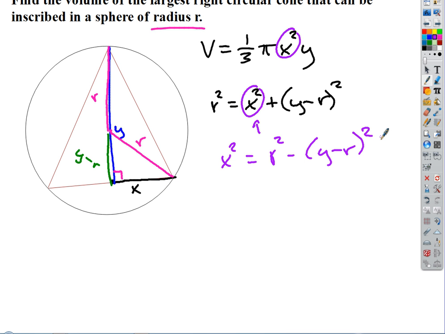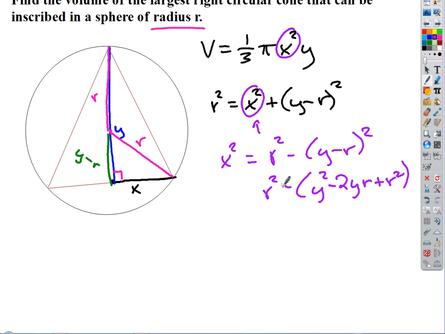Which we could simplify a little bit. If we square this out, what's that going to be? Minus y squared. Yeah. If I FOIL that out, expand: 2yr, minus 2yr plus r squared. That's what I'm subtracting. So then if I subtract all that stuff, the r squareds go away, right?